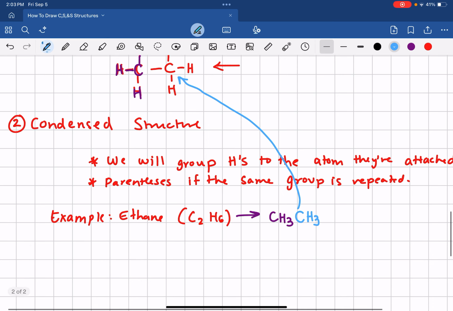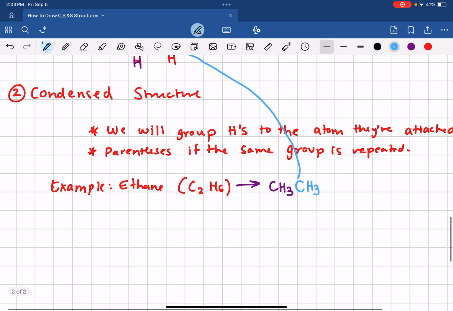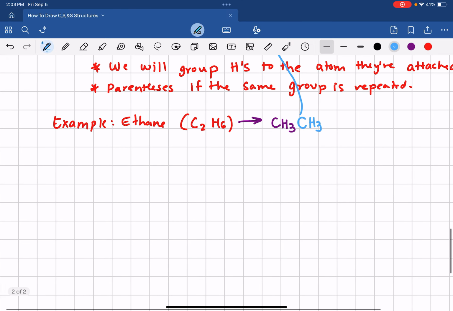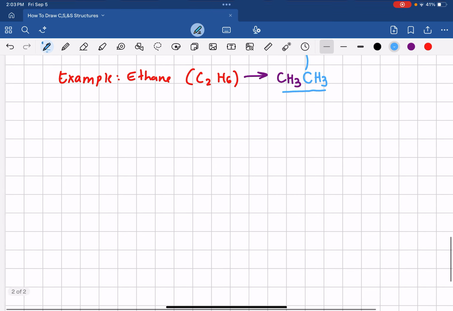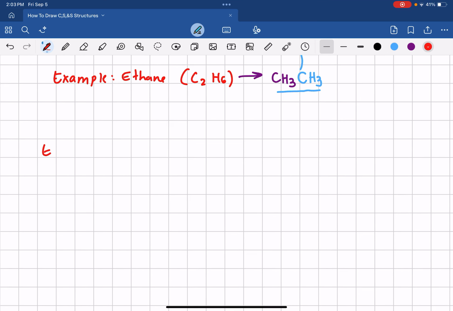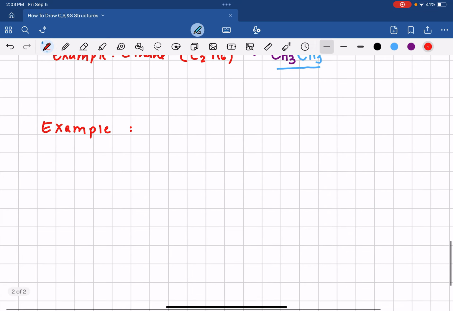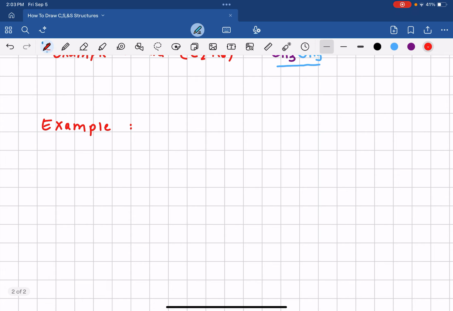Now I'm going to show you how the parentheses work and how they are grouped together, because this condensed structure is really short. Let's take another example to showcase how parentheses are used. I'll draw the expanded structure and then I'll show you the condensed structure.